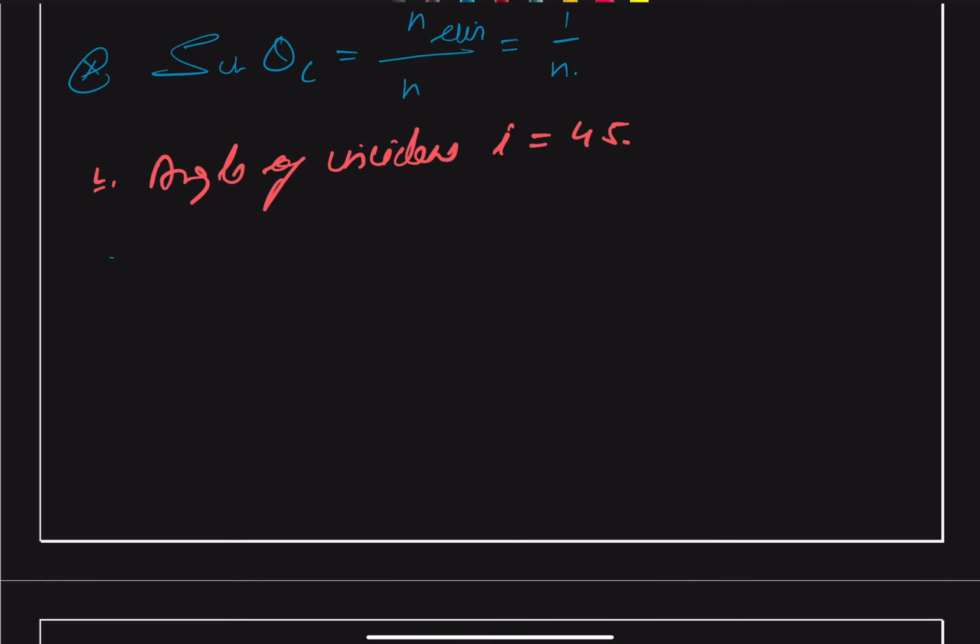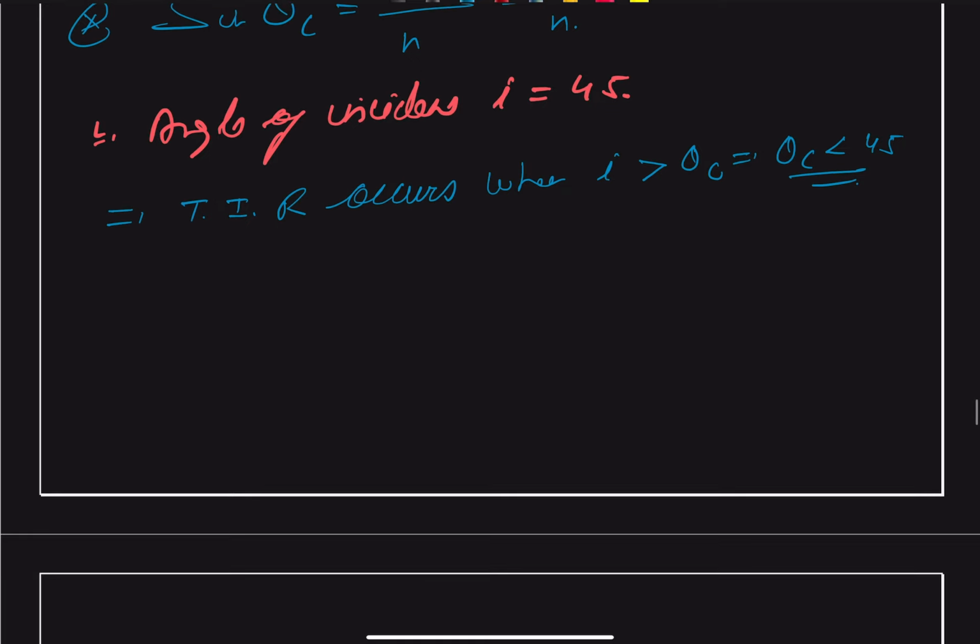So we can say that the total internal reflection occurs when i is greater than theta c, or we can say theta c is less than 45 degrees.